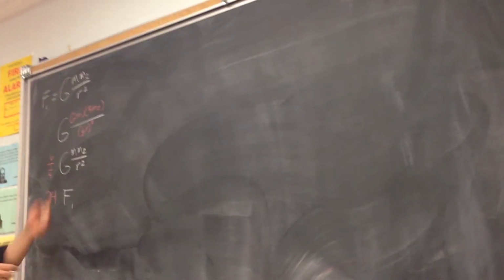Will you ever be affecting the force and then trying to find force? Sure, we could do that. So let's say that the question is, you've got two masses and there's a force exerted between them and the force doubles, but the masses are the same. Then how did the radius change? We could do that. And to do that, we would just rearrange the equation.